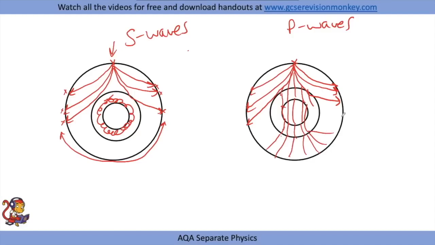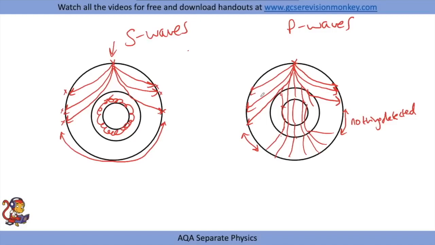So with these P waves, there will be a smaller region on the Earth where seismometers would not detect any activity, so there'd be nothing detected in this region, but they can travel through the liquid outer core as well as the solid inner core.